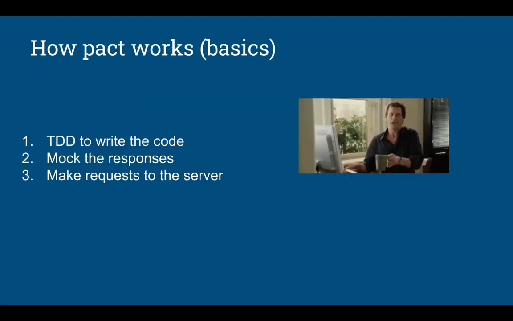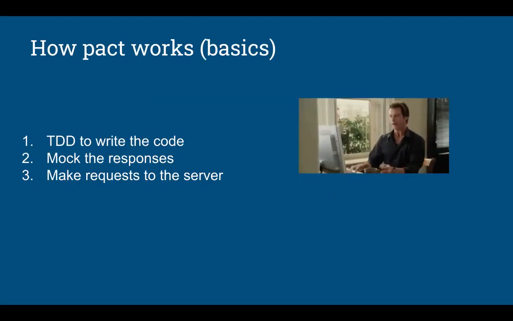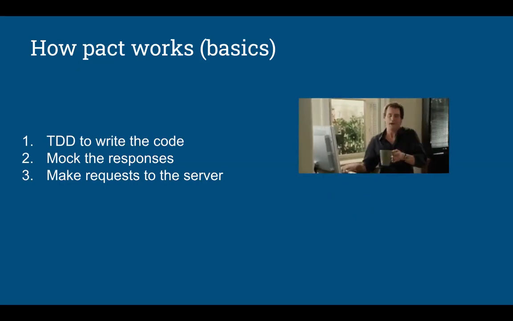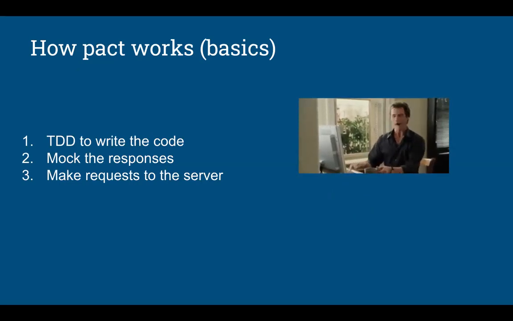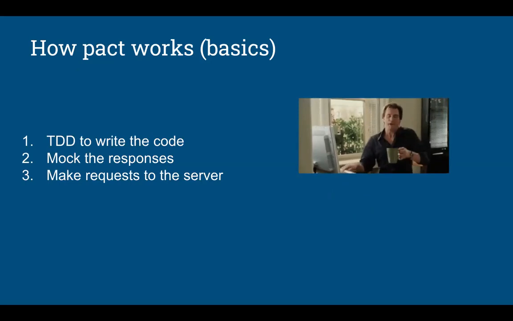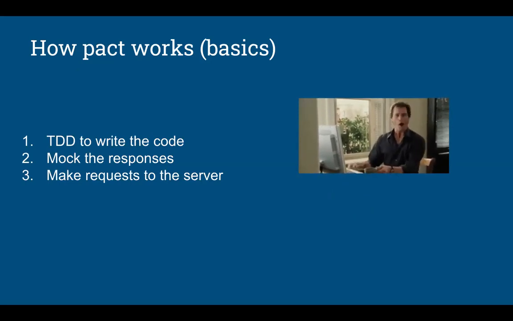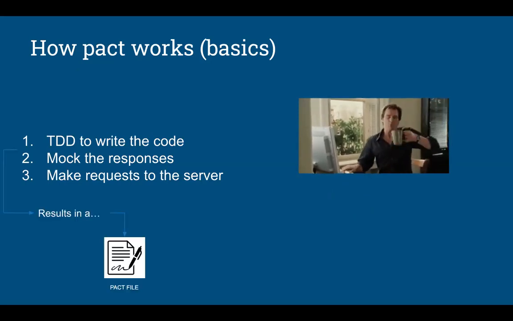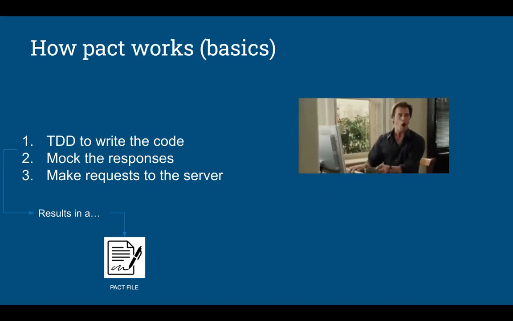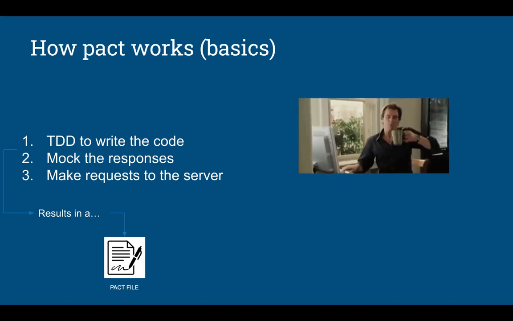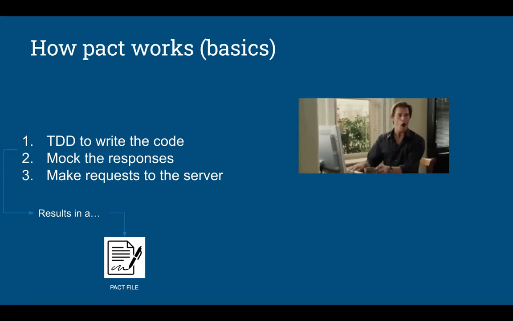So how does it work in Pact? Everyone writes TDD, as we all know, so you're writing code and mocking your responses, and then you make the request to the server and it spits out a Pact file.